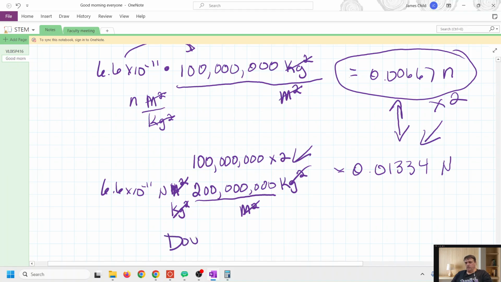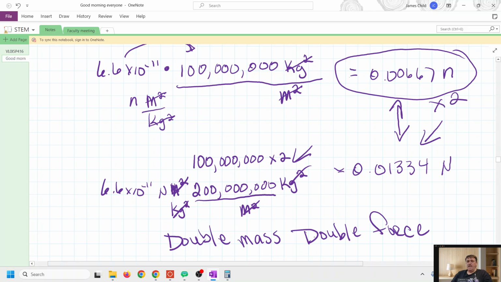Doubling the mass doubles the force. Now that's assuming that my radius doesn't change. Double the mass doubles the force, provided the radius doesn't change.